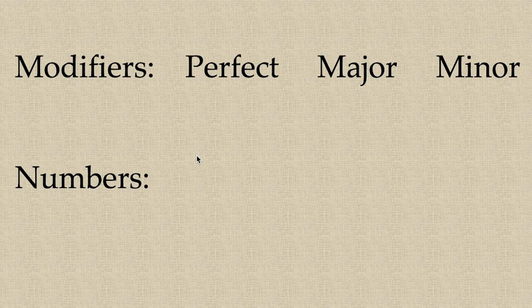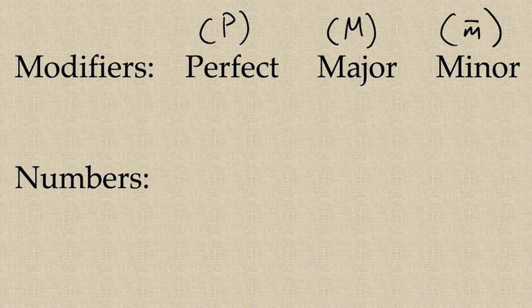The terms perfect, major, and minor are the modifiers, which is the first portion of an interval. The abbreviations of these modifiers are: for perfect, the uppercase P; for major, the uppercase M; for minor, the lowercase m.